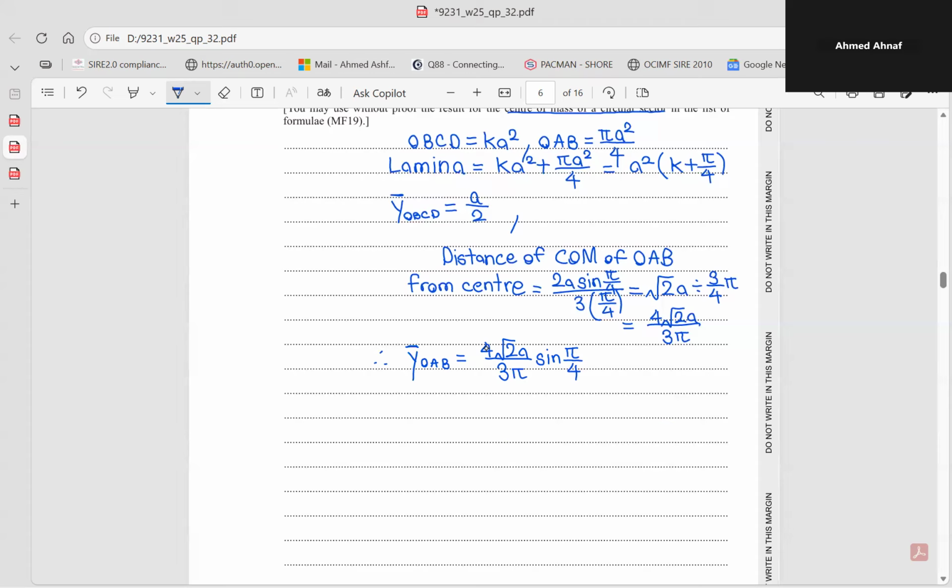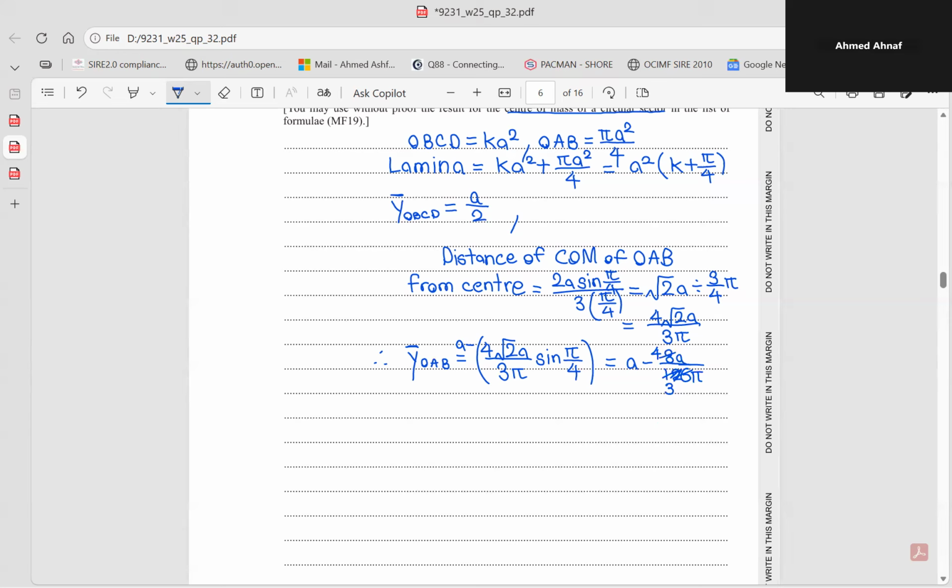So the y bar of OAB is 4 square root 2 a over 3 pi times sine pi over 4. Wait, no, it's a minus this. Sine pi over 4 is 45, so that's just 4a over 3 pi.